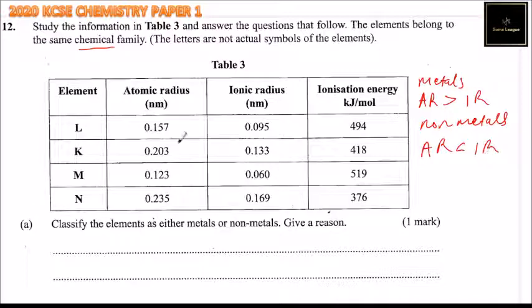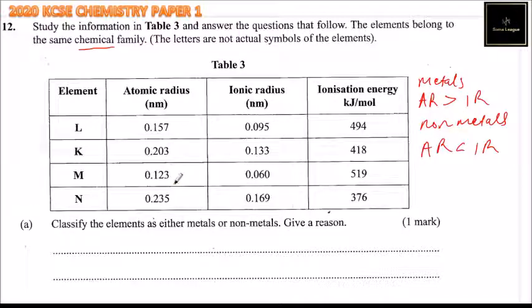And therefore, if you check here, the atomic radius is greater than the ionic radius. So this is a metal. Here the atomic radius is greater than the ionic radius. So K is also a metal.